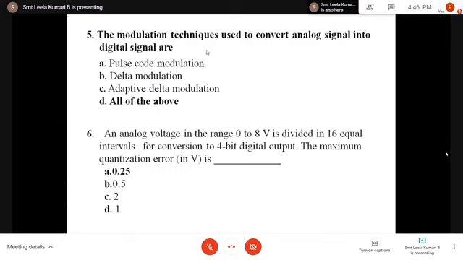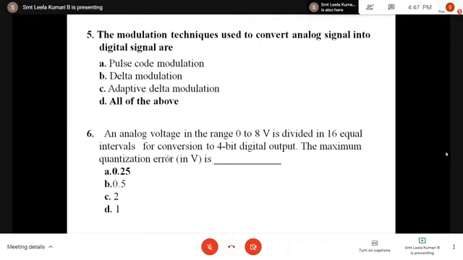In the last session we discussed the different types of pulse digital modulation schemes. Those are pulse code modulation, delta modulation, adaptive delta modulation. All the three are pulse digital modulation schemes which convert the analog signal into digital signal. Therefore, all of the above is correct.